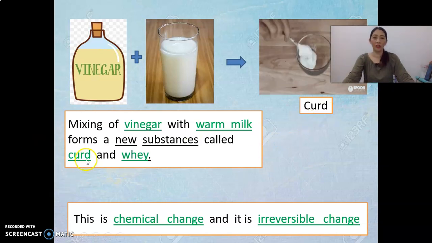Do you call that? This is curd and whey. So this is chemical change and it is an irreversible change. Again, this process is chemical change.